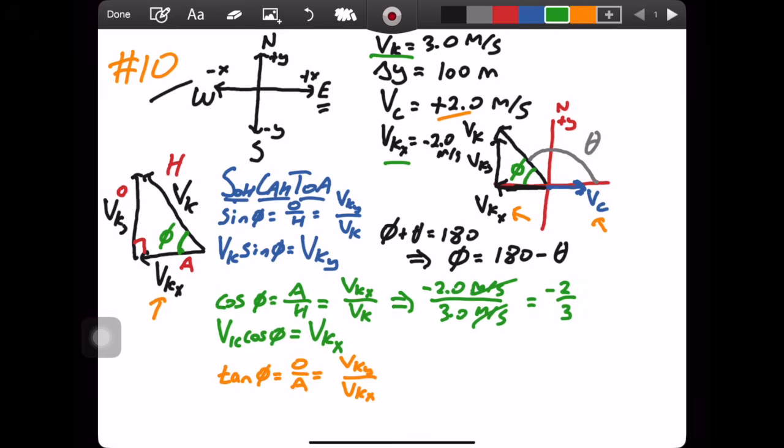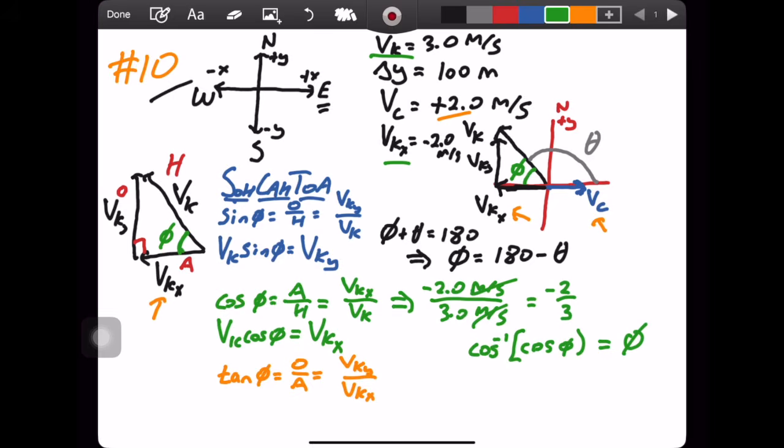If we want to figure out what the angle phi is, we take the arc cosine. So cosine inverse of cosine phi equals the angle.